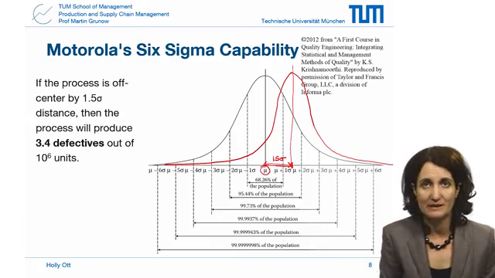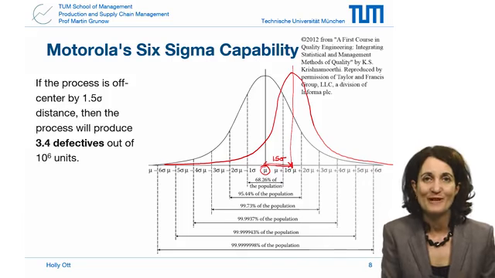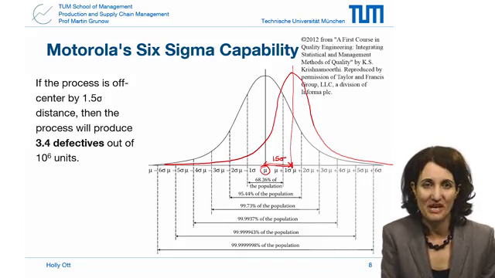And this, in case you didn't already notice, is where this 3.4 parts per million, this definition of 6 sigma capability, comes from.